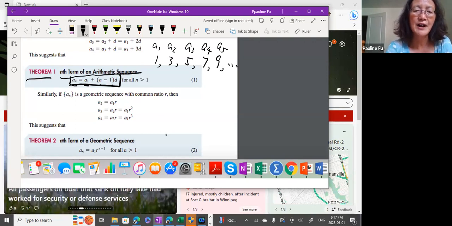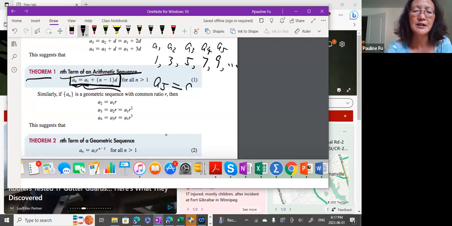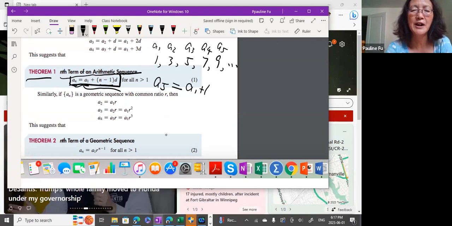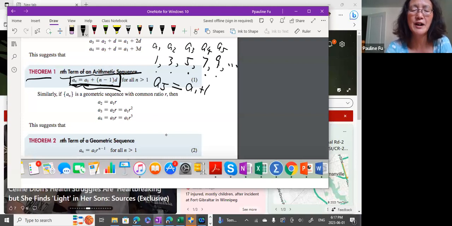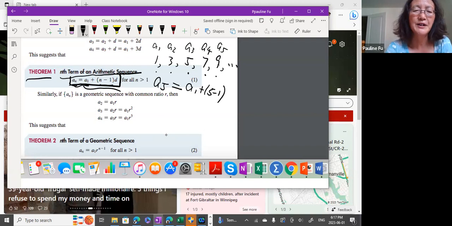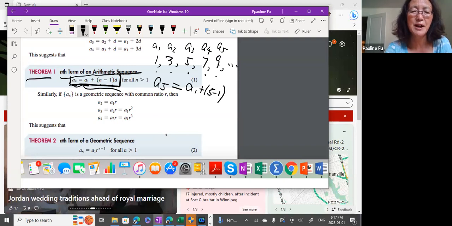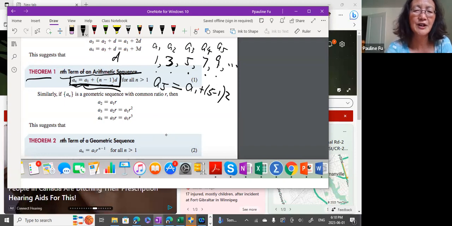So let's say A5. A5 based on this formula equals A1 plus n minus 1 times d. So how many items up to 9? 1, 2, 3, 4, 5. Okay, n equals 5. And what is D? D is the difference between adjacent numbers. So 3 minus 1, that is D, is 2. So in this example, D equals 2.